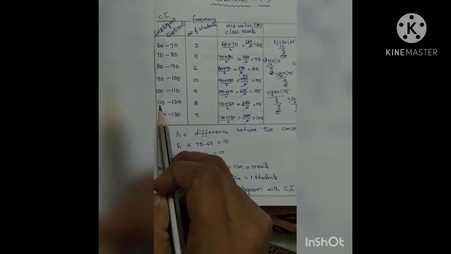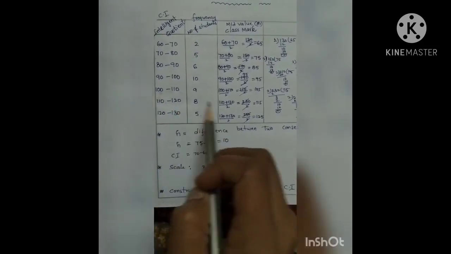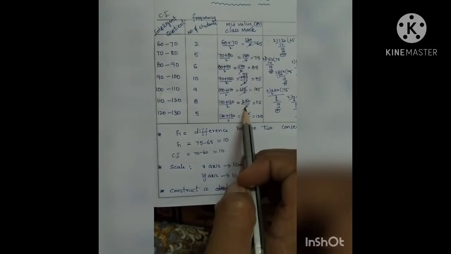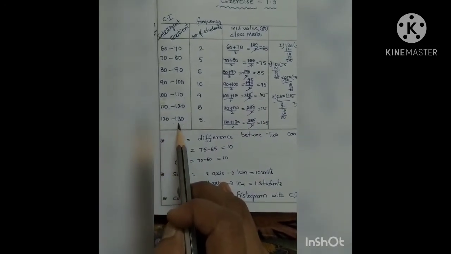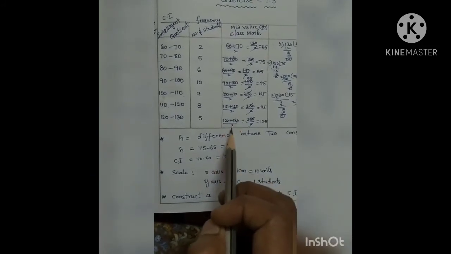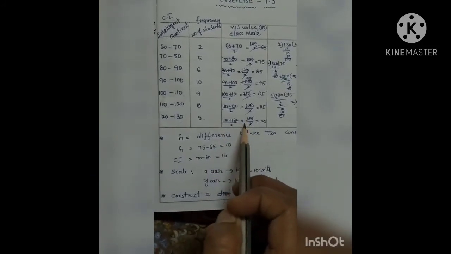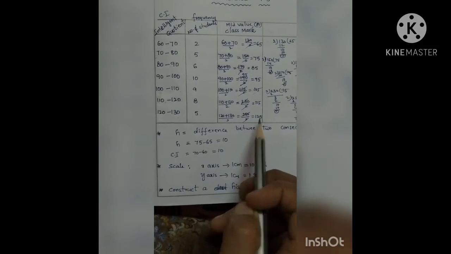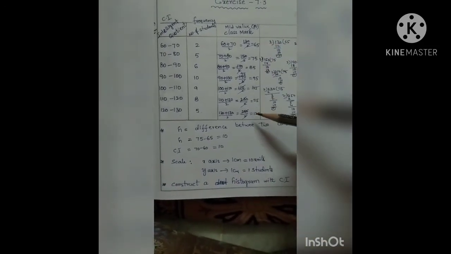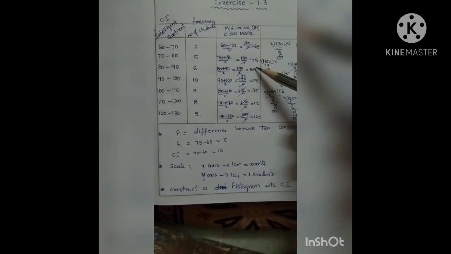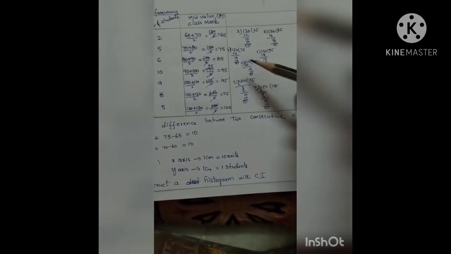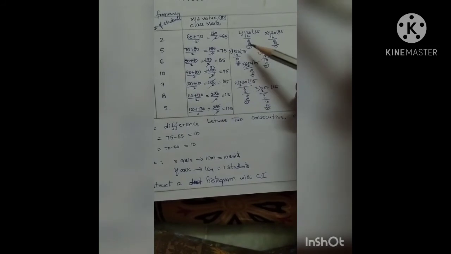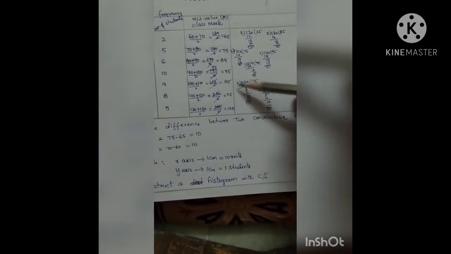Then 110 plus 120 by 2, 230 by 2, 115. 120 to 130: 120 plus 130 by 2 equal to 250 by 2 equal to 125. These are class marks or mid values. Do the division for all these answers.